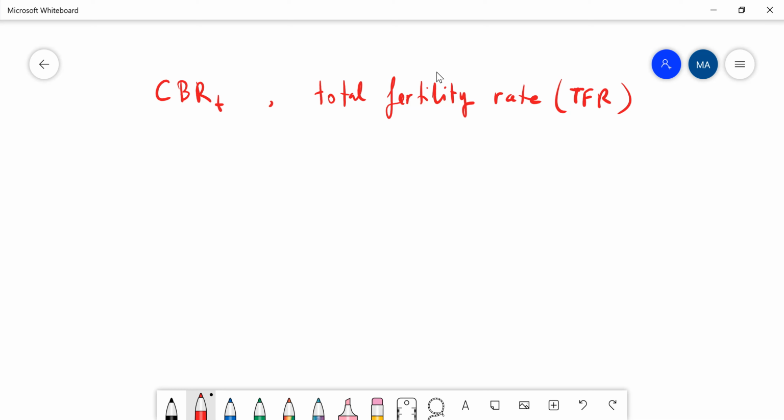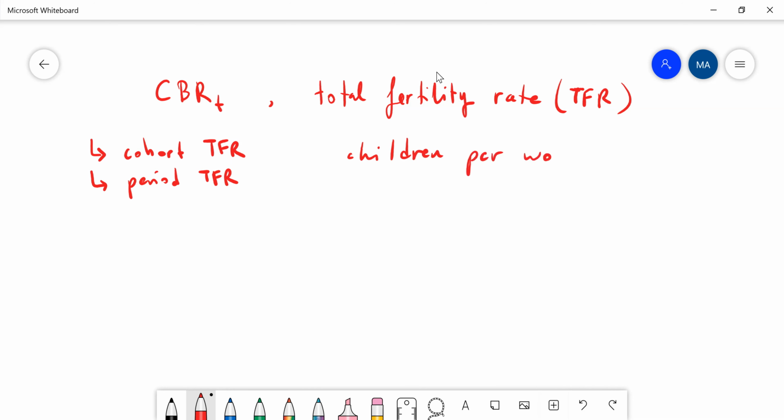So what is that? Well, it has two versions. One is the cohort version, so cohort TFR, and the other is period TFR. Basically, we want to understand some sort of average number of children per woman in the economy.